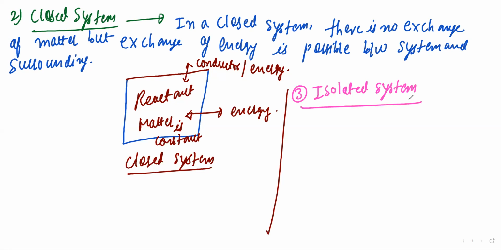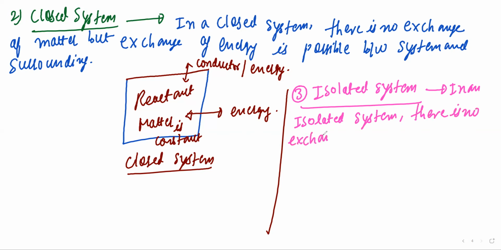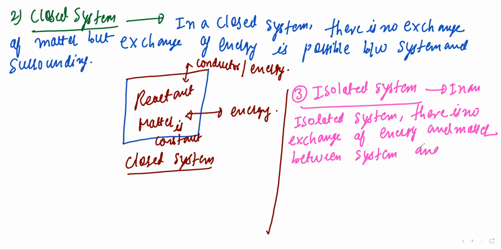In an isolated system, there is no exchange of energy and matter between the system and surroundings.